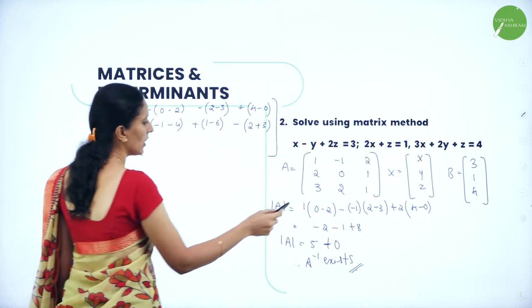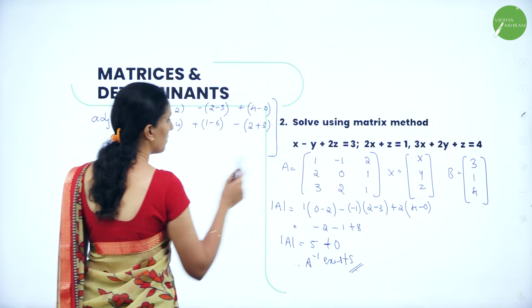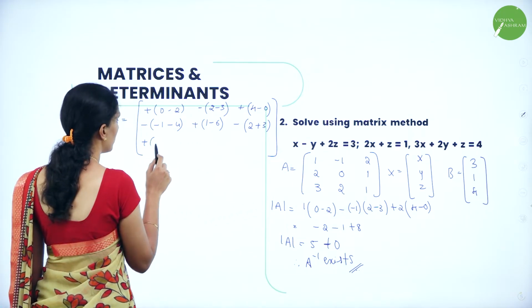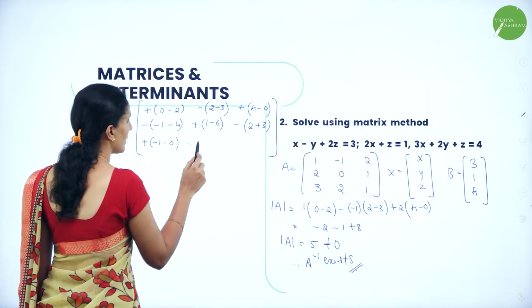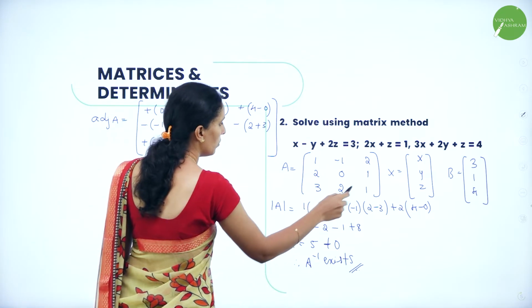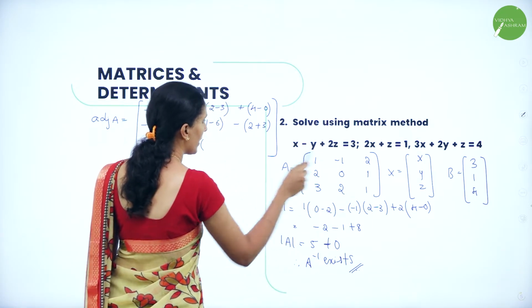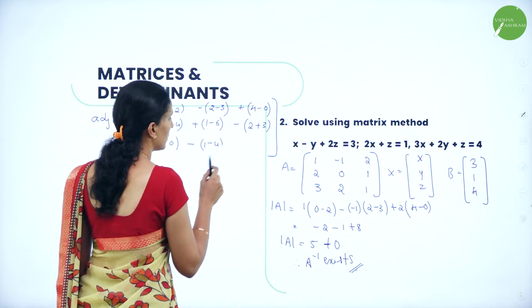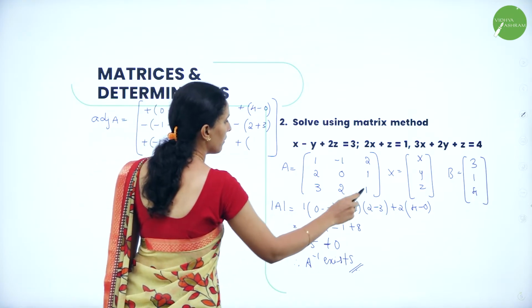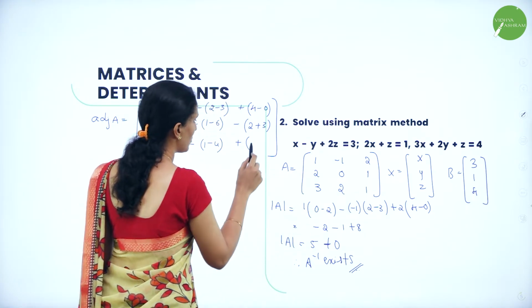Next for the 3, minus 1 minus 0. Next minus, for 2 it is 1 minus 4. Next for the last one we have 0 plus 2.